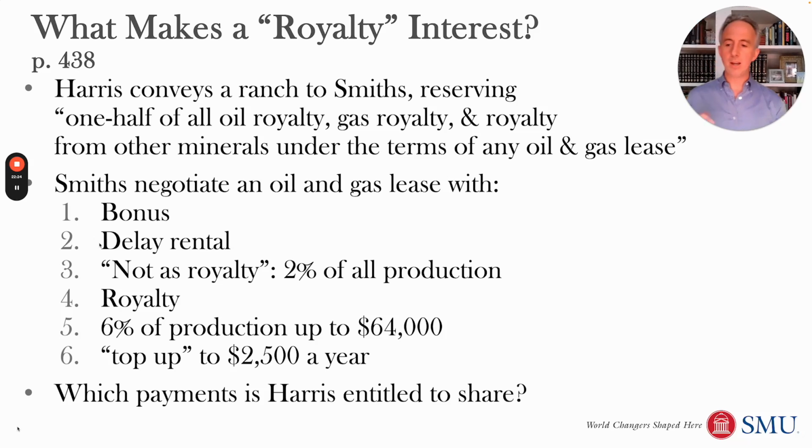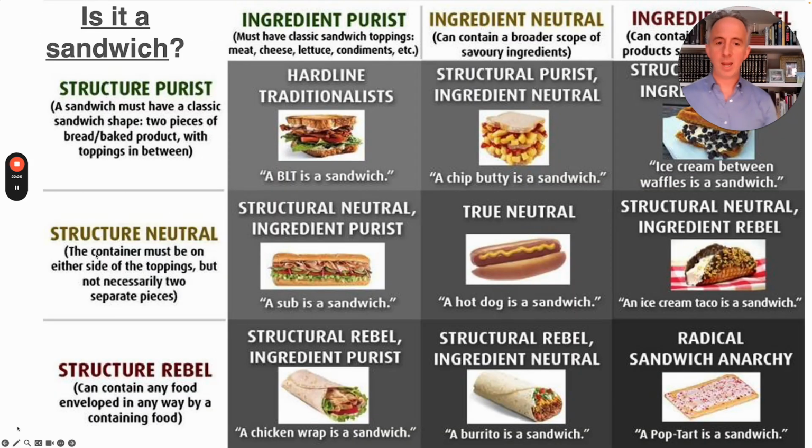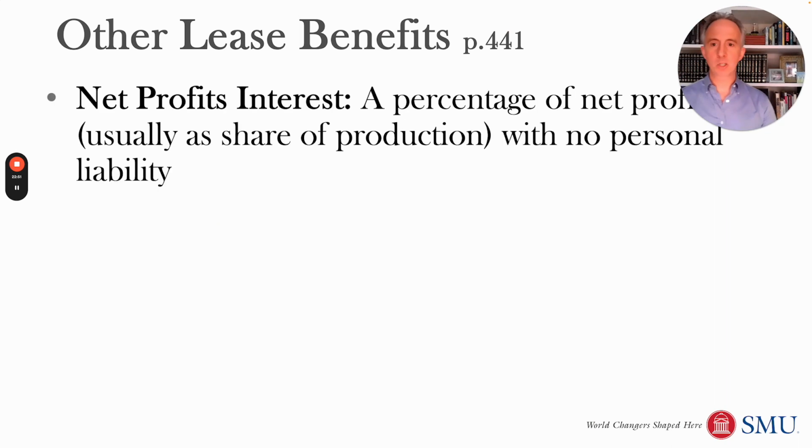And so I guess the analogy I would draw is like, you can call a Pop-Tart a sandwich, but that doesn't make a Pop-Tart a sandwich. When people say, I want 1/2 of the royalty, they're thinking of anything that looks like a basic royalty. And so they're not going to allow the current landowner to manipulate these terms so that nothing gets shared with the non-participating royalty interest holder.